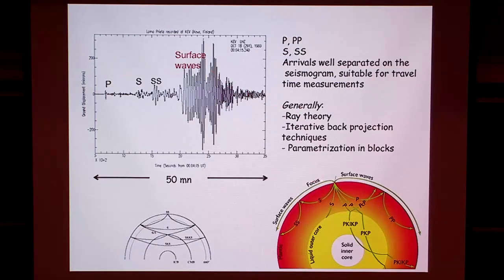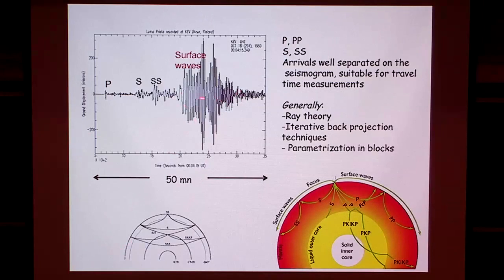That's why historically, tomography really got off the ground with measurements of P wave travel times and then S wave travel times. These waves sample the mantle quite well. I'll show you the problems, but these measurements are easy to make.